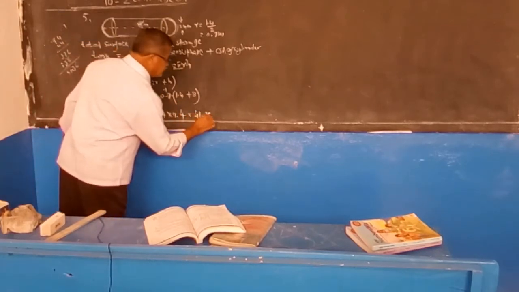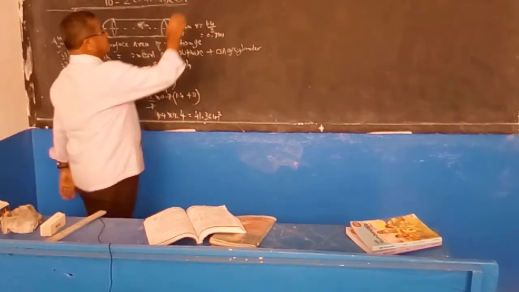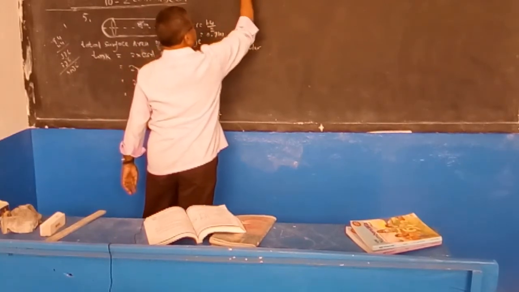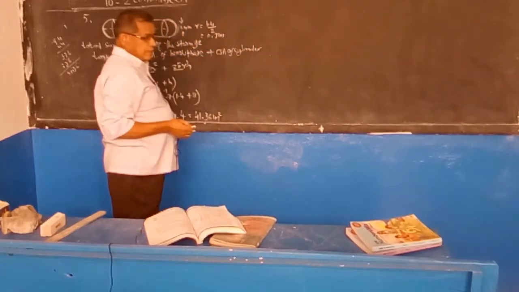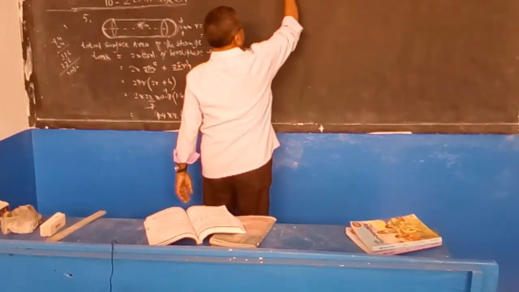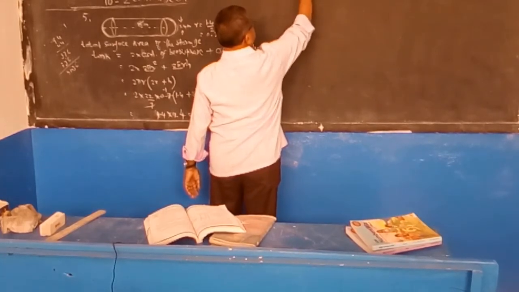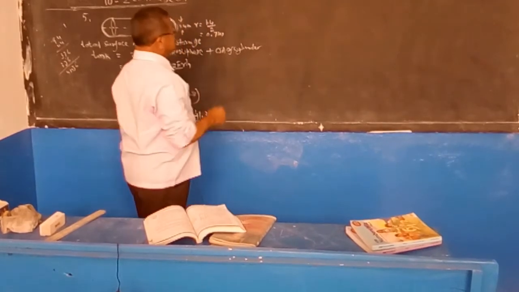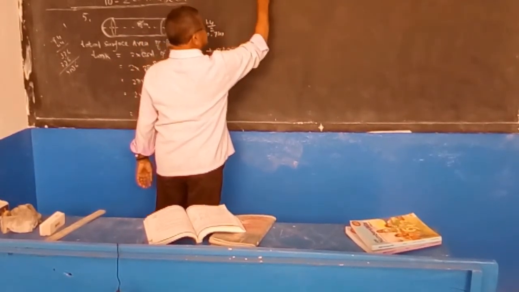41.36 meters square. Cost of painting at 20 rupees per meter square is equal to 41.36 into 20.